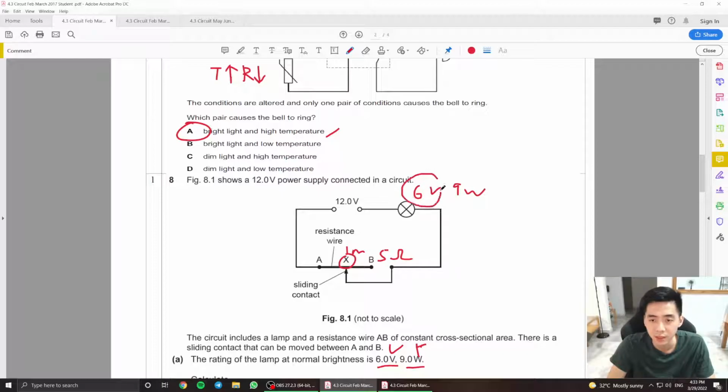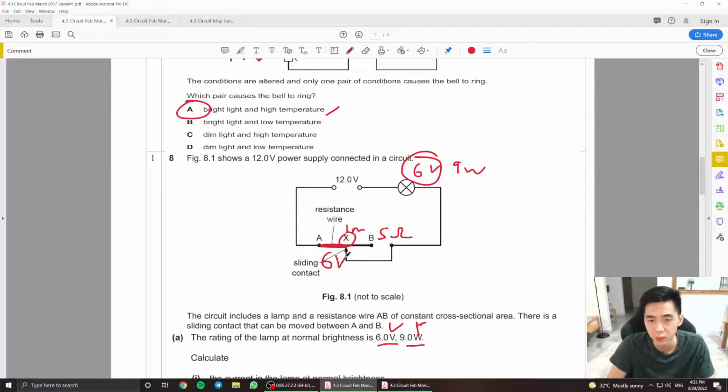Since the lamp already consumes 6 volts, can I assume that this part of the wire is going to be 6 volts as well? And since we already calculated that the current is supposed to be 1.5 amperes at normal working condition, I can find the resistance here straight away.